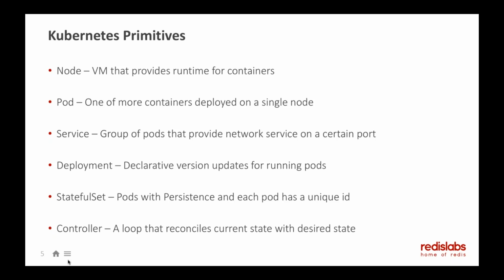The way to think about a controller is that it's a loop that reconciles the current state and the desired state. You can have many types of controllers and multiple levels of controllers, but the whole idea is that Kubernetes is providing you with that primitive which you can leverage in your application or in your service.